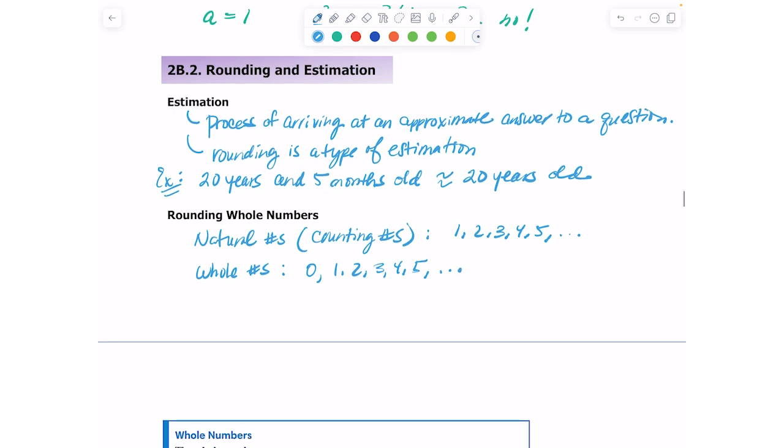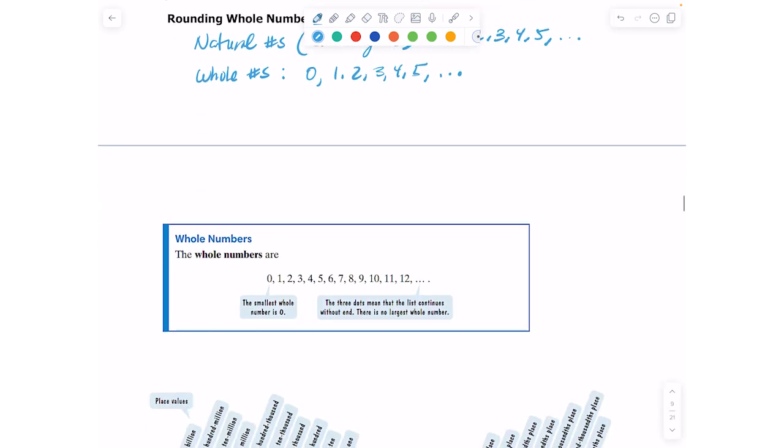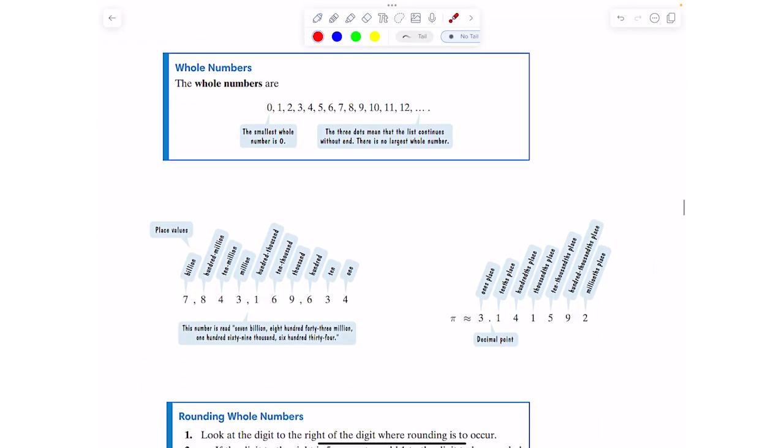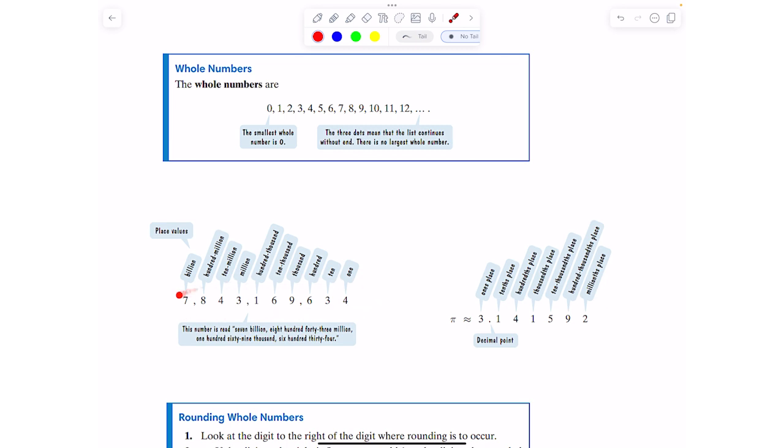Okay, so how do I round those? If we take a number like this, each of the digits, so these are digits, is in a specific place value. So when we start to the right, we are in the ones place. And then as we move to the left, we add a 0. So if I add a 0 to 1, I get 10. So this is in the tens place.